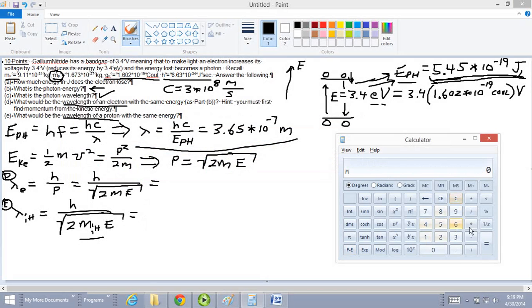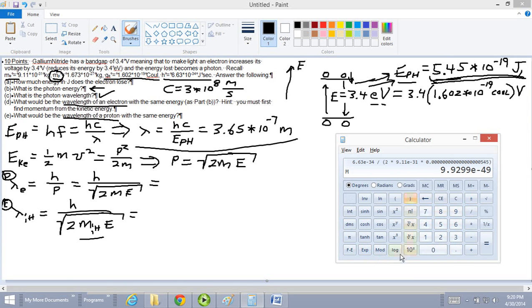Clear. 6.63 times 10 to the negative 34th divided by, and I better give my parentheses, 2 times mass of the electron, 9.11 times 10 to the negative 31st power times energy. Energy 5.45 times 10 to the negative 19th power.